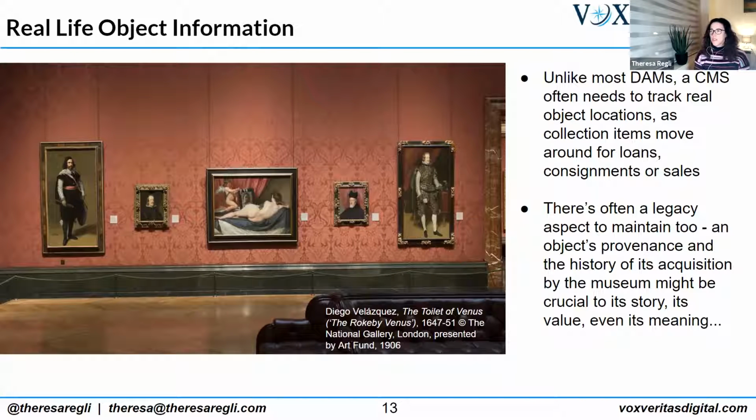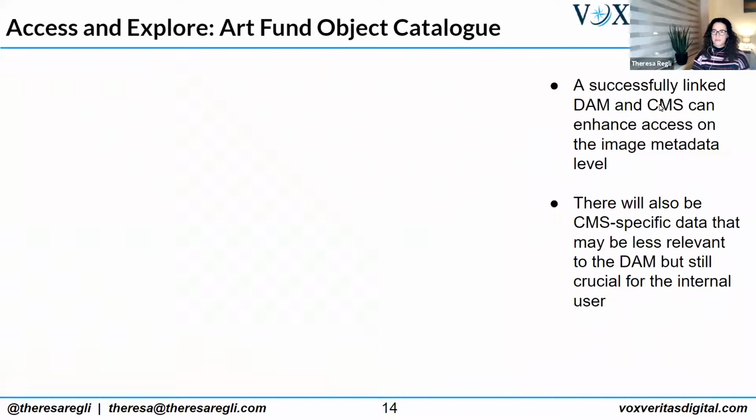But here you can see we could pull up all of the images that are in this particular room in the National Gallery. There's often also legacy information that might just be relevant to the CMS that is not necessarily relevant to the DAM. So you don't usually have acquisition or loan information in the DAM, for example. You don't have financial information or insurance information in a DAM. So that's better partitioned within the CMS.